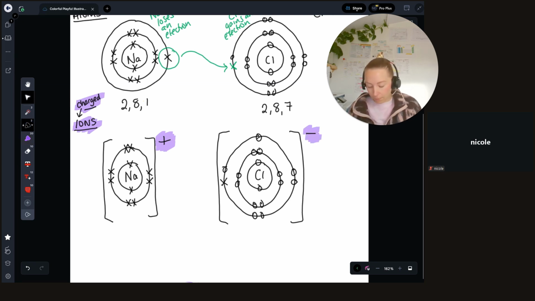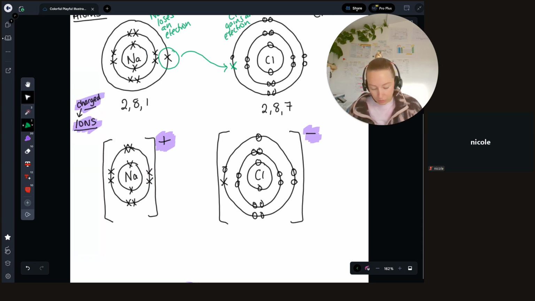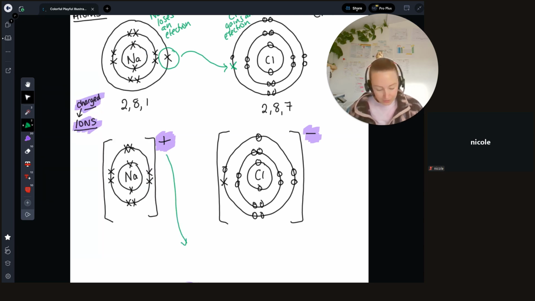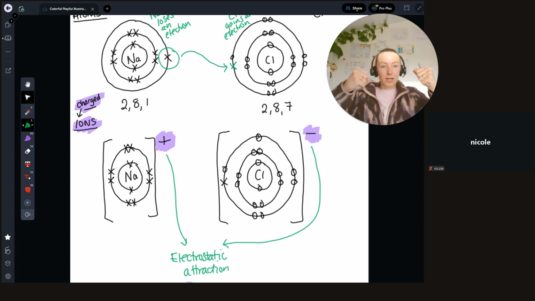So now we've got charged ions, positive and negative. And we know the positive and negative are attracted to each other. So this positive and this negative, they're going to attract, and that attraction is called an electrostatic attraction. The fact that those two things are then attracted and brought together makes your strong ionic bond.